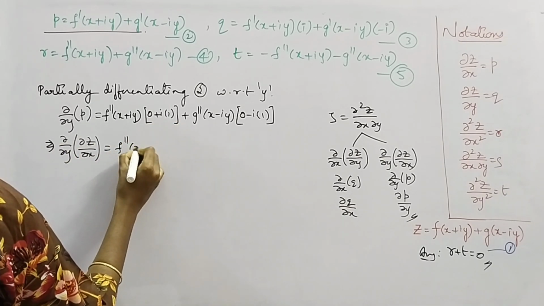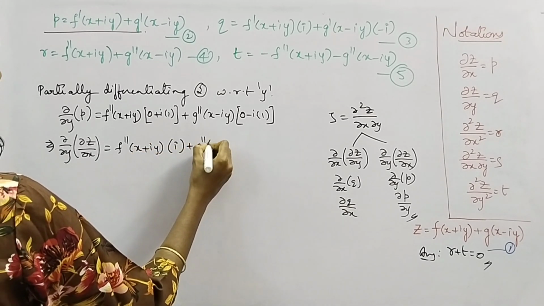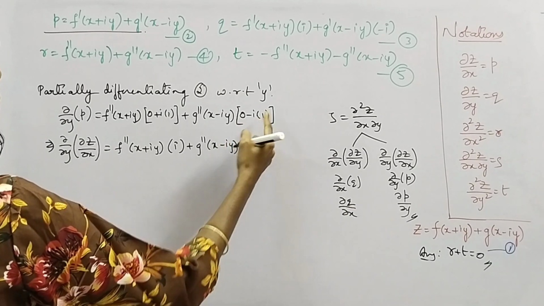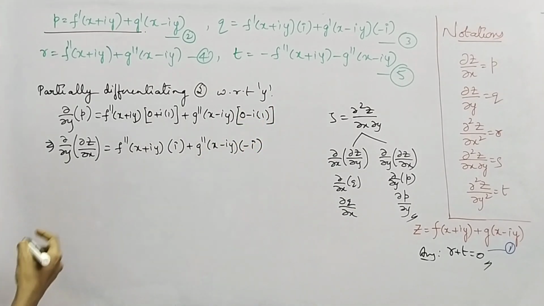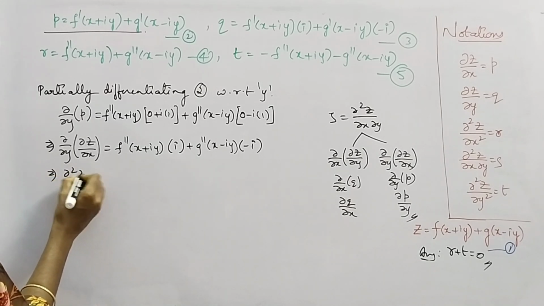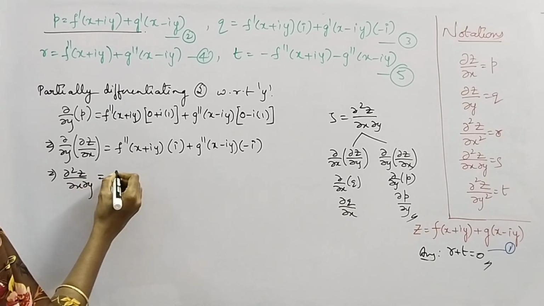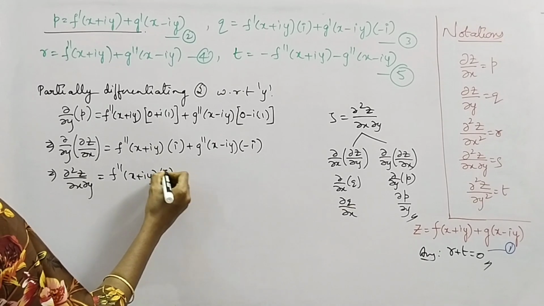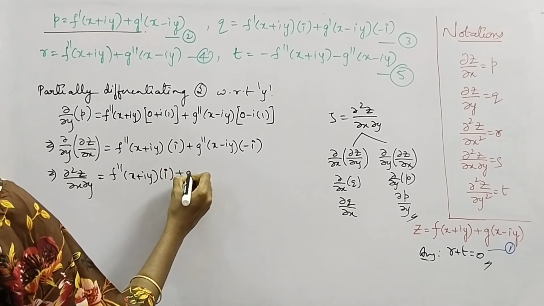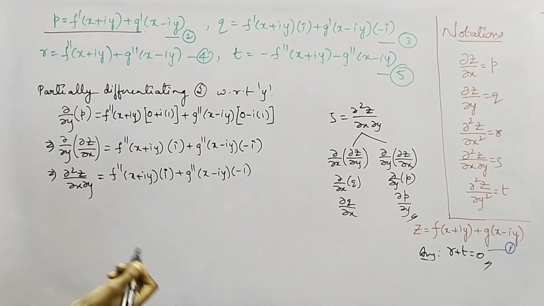We'll get f double dash of x plus iy into i, plus g double dash of x minus iy into i into 1, that is 0 minus i, right? So this gives us dou square z by dou x dou y equal to f double dash of x plus iy into i plus g double dash of x minus iy into minus i. What is this? s, right?